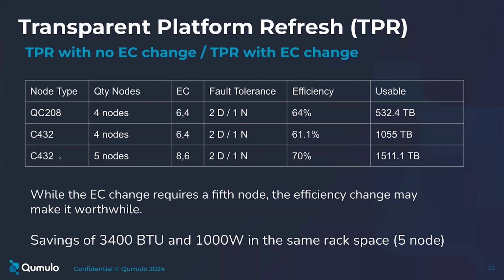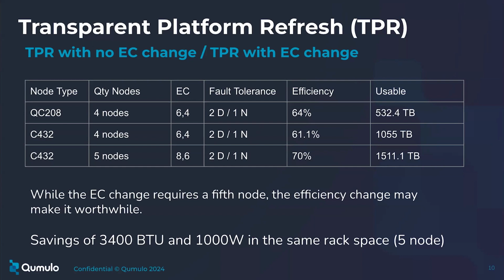In this case, maybe you don't want to buy a 5th node, but because you can do an erasure coding change with TPR, if you were to throw a 5th node on there, that again jumps up your efficiency, and you see in this whole operation we'll end up with a petabyte and a half of free space.